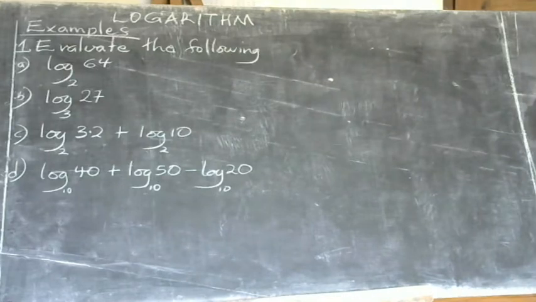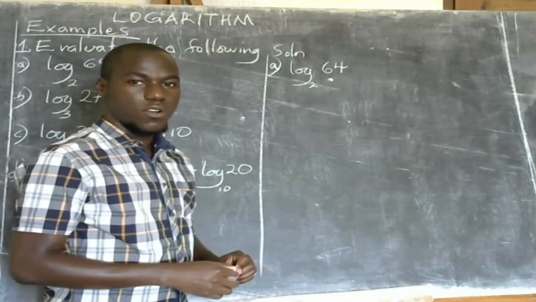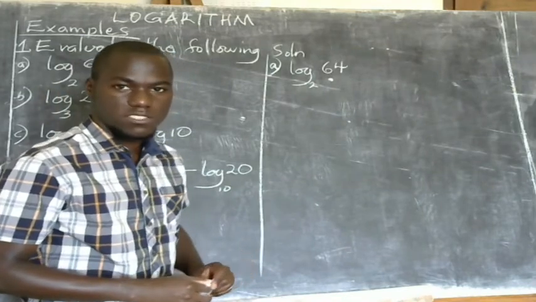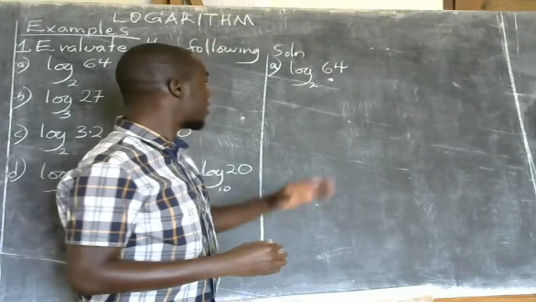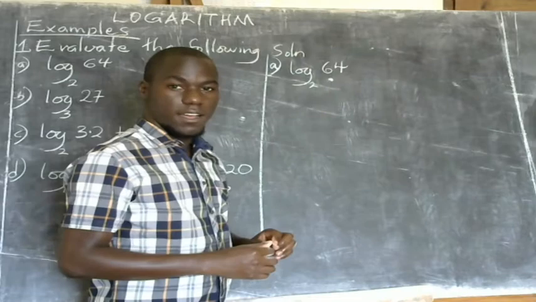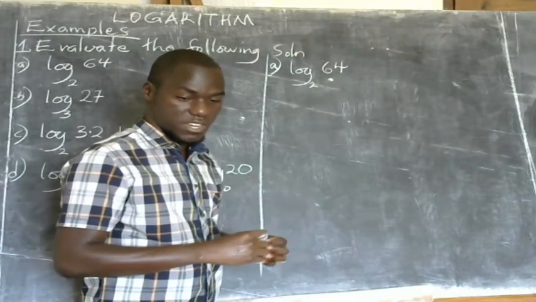So our example 1, evaluate the following. Part A, log of 64 base 2. Now here we need to prime decompose the 64. Then we see what to do next.